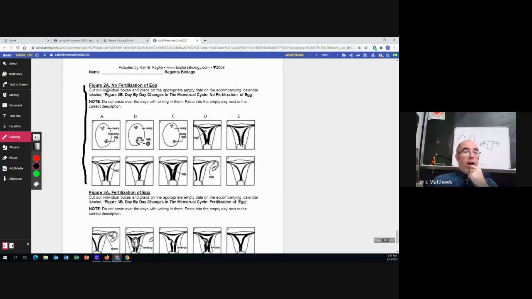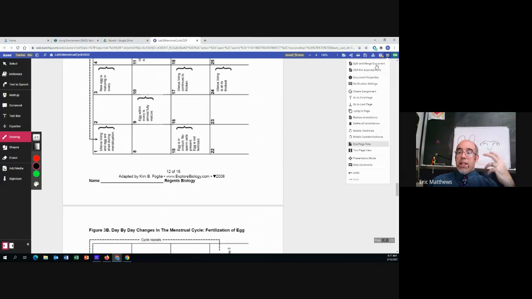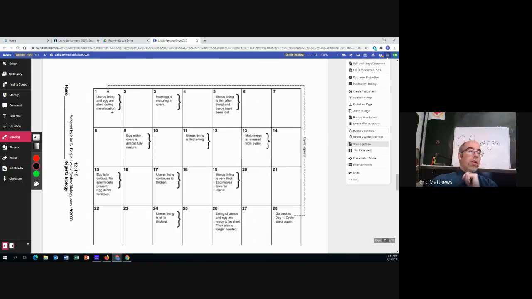And we would cut these out, and then we would put them into the calendar next to their description. So for instance, if we come up here, this first one says the uterus lining and egg are shed during menstruation.